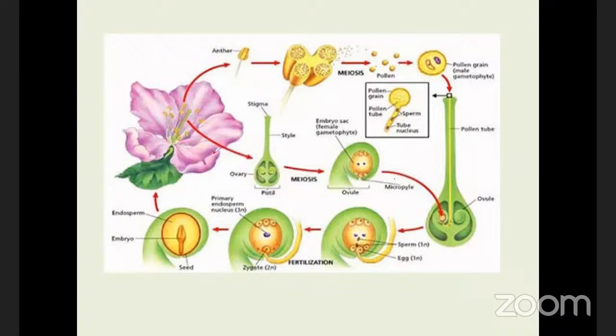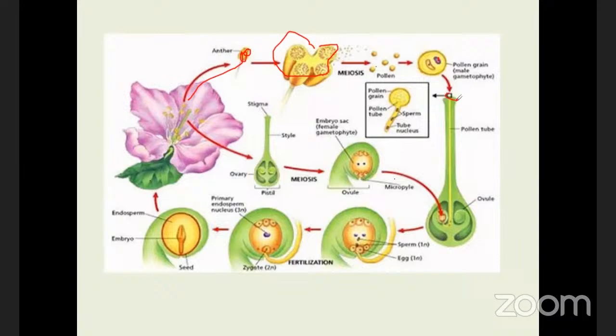Here you can see how it is taking place. From the androecium, the anther. You see anther TS, and you have also studied anther LS. The microsporangium releases microspores after meiosis from the microspore mother cell, MMC. The microspore forms the pollen, having three nuclei: one tube cell and two male gametes.